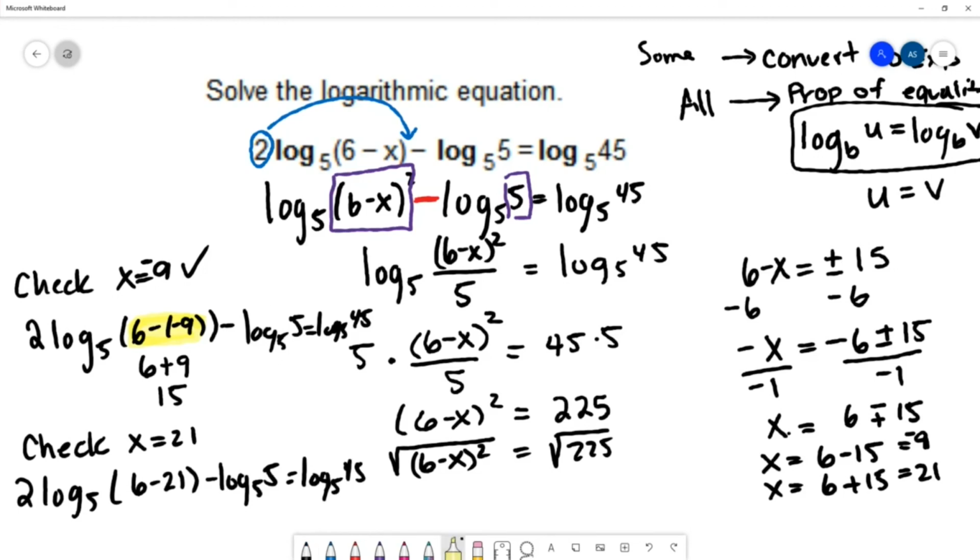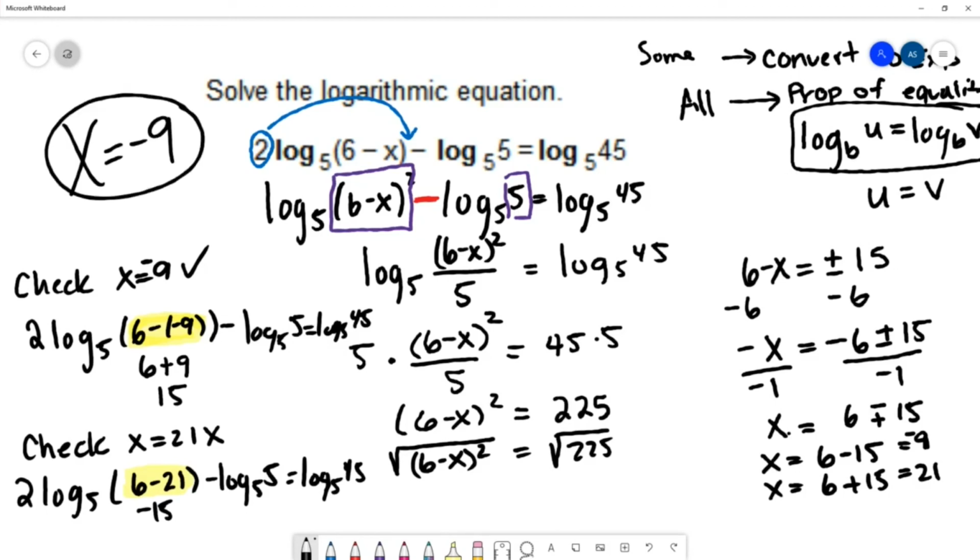So once again, we're checking this part right here to see if we get a positive. If it's a positive, we keep it. If it's a negative, we have to throw that solution away. 6 minus 21 will give me negative 15. So we're going to have to throw that solution away because the log of a negative is undefined. So our only solution to this equation is negative 9.